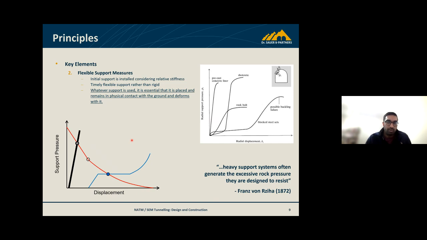The initial support is installed considering relative stresses and stiffnesses, and you need a flexible support system rather than a rigid one. Otherwise it's going to end up cracking and failing as the ground stresses redistribute. So whatever support is used, it's essential that it's placed and remains in physical contact with the ground and deforms with it, and that's the key element I'm trying to convey using the SEM method.